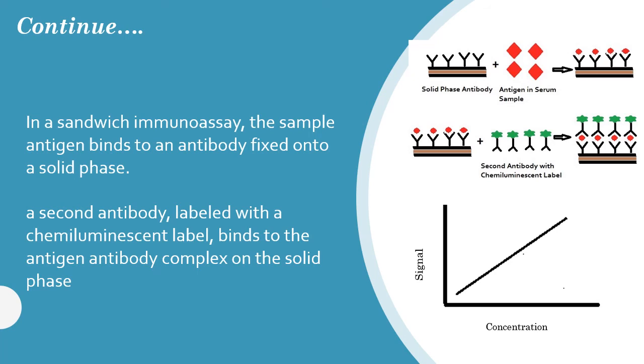Whereas in sandwich immunoassay, the sample antigen binds to an antibody fixed onto a solid phase, and a second antibody, labeled with a chemiluminescent label, binds to the antigen-antibody complex on the solid phase, which shows that the emitted light is directly proportional to the antigen concentration. So these are the two ways in which chemiluminescence immunoassays are used in laboratories.